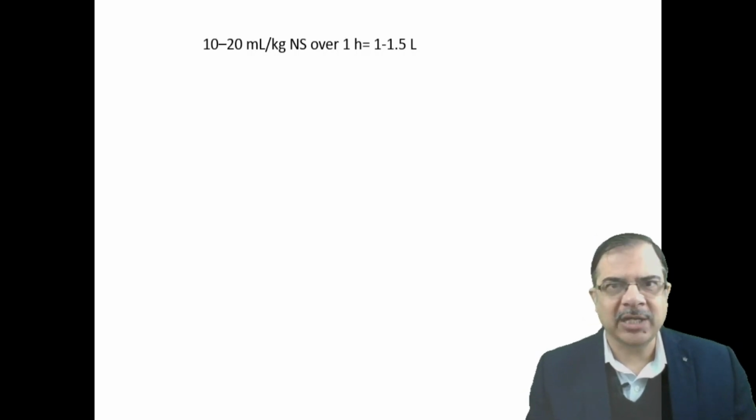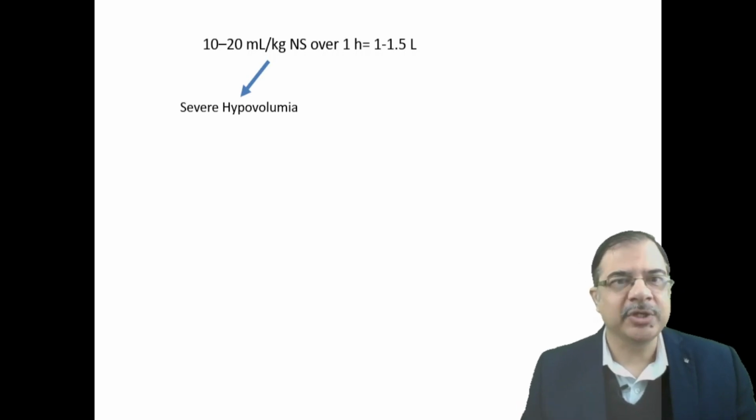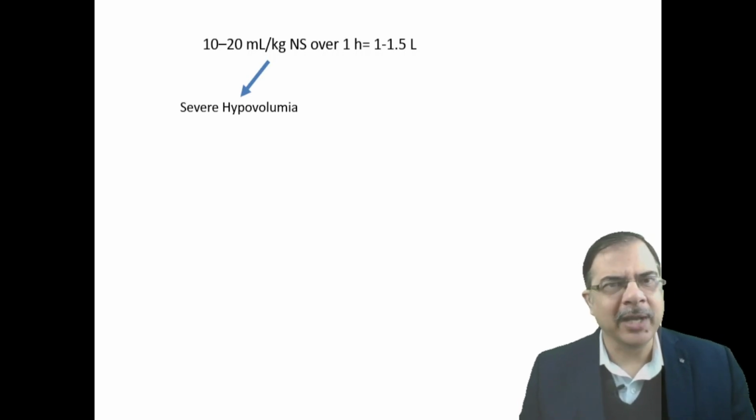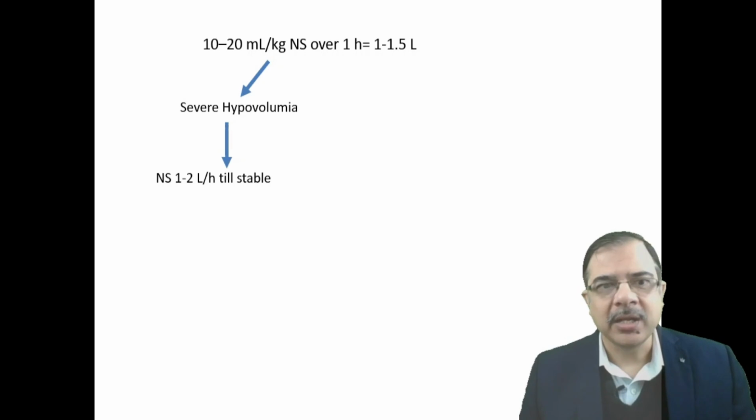If the patient is very lean and thin, then you calculate according to the body weight. Then we will assess after 1 hour. If the patient is having severe hypovolemia, is in shock, and capillary refill time is prolonged, then we will repeat 1 to 2 liters of fluid per hour, depending on the clinical scenario, till the patient is stable and recovered from the shock.